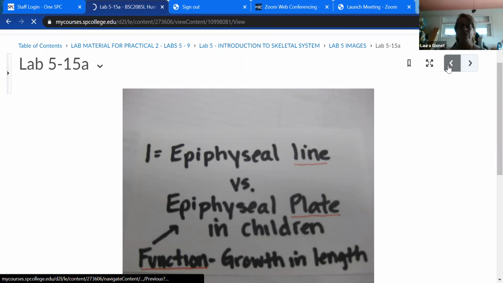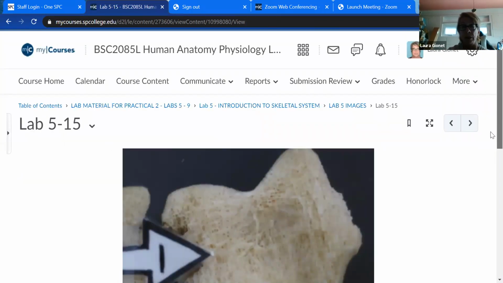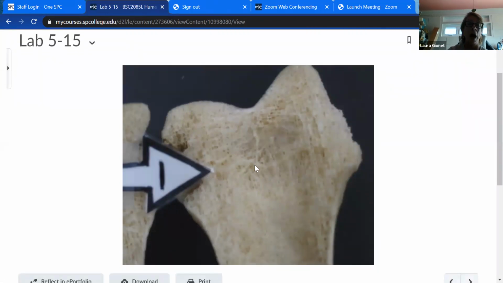I think I would use a better picture, but we believe that one little line across here is the epiphyseal plate. And now that it's closed down, it's called an epiphyseal line. It's replaced by a solid piece of bone.